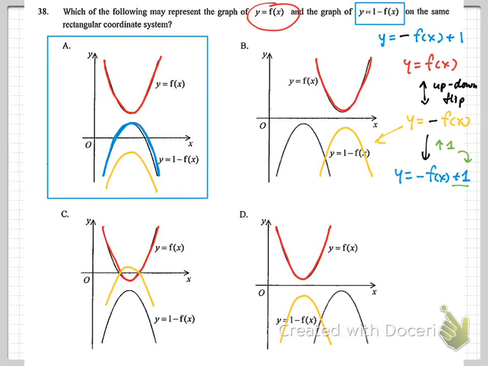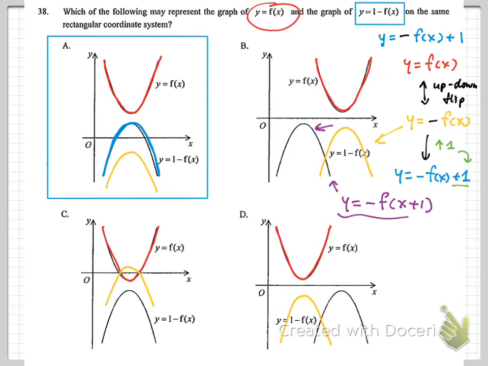Okay. So what are the other answers? For example, B. B will be you do an up-down flip and then you move to the left-hand side by 1 unit. You take the yellow one and replace all the x's with x plus 1.